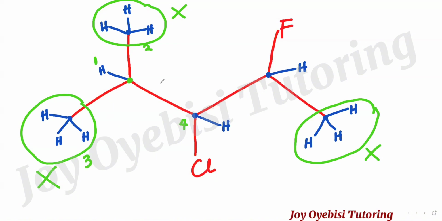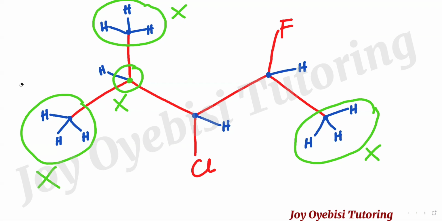Now, do you notice that number 2 and 3 are the same thing? So which means that this carbon is not chiral. Okay? So that carbon is not a chiral center as well, because it has 2 CH3 groups attached to it. So that disqualifies it from being a chiral center.